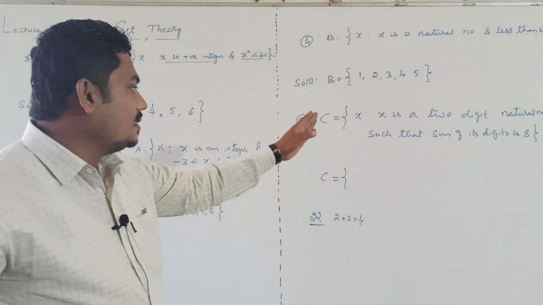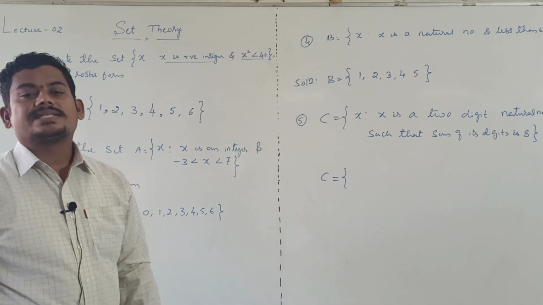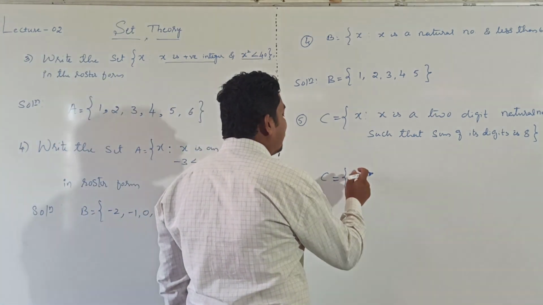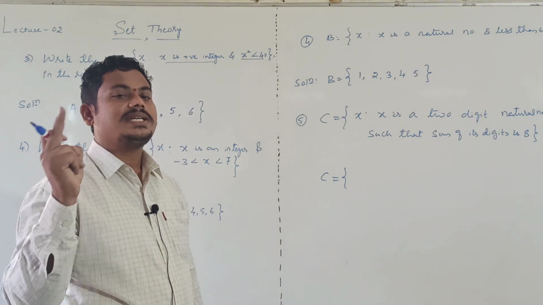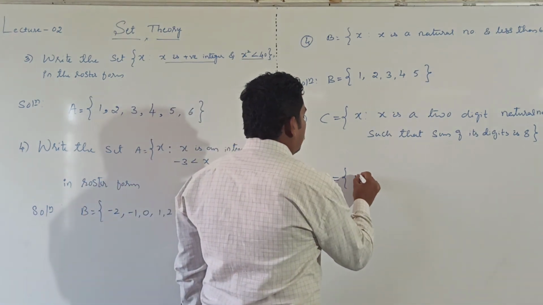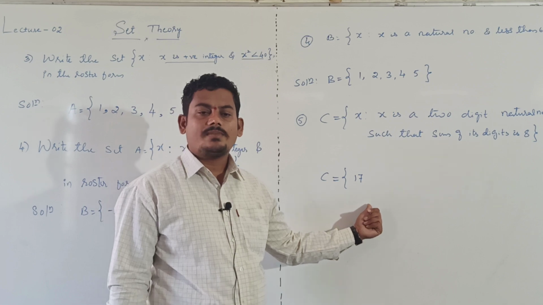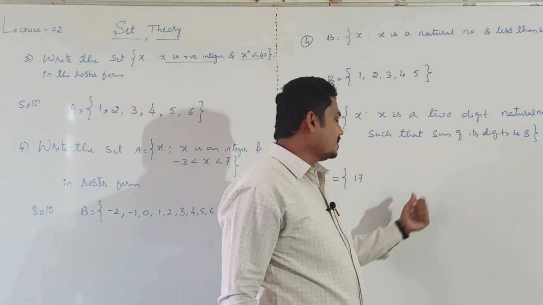They have given 2 conditions. First condition is x should be a 2-digit natural number and the sum should be equal to 8. If you take 10, it is a 2-digit natural number, but the sum of its digits is not equal to 8. 17, clearly it is a 2-digit natural number, and if you add these 2 digits, clearly you get 8.